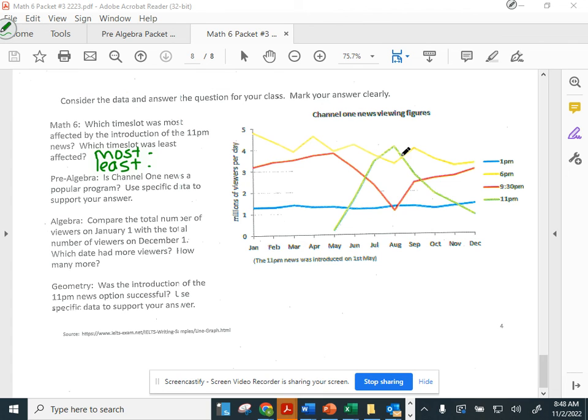Which one kind of stays the same whether or not there was the 11 o'clock news. So you're just going to write which time period was most affected and which time period was least affected. And that's all we have to do for that page, just reading that graph, figuring out how they were affected.